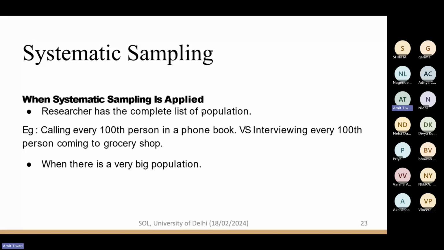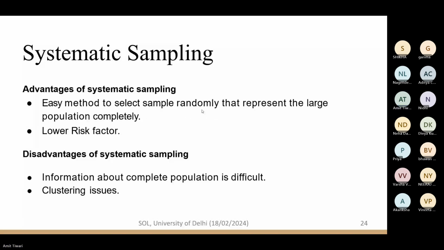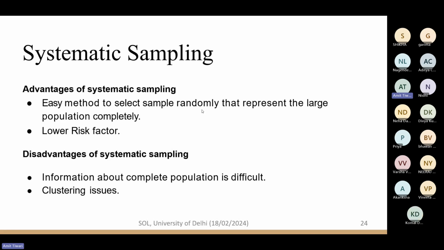The advantage is that it is easy and has low risk, whereas the disadvantage of systematic sampling is that information about the complete population is difficult to get, and some bias can come because it is not completely random. Also, suppose I am taking the 80th roll number or 80th person.